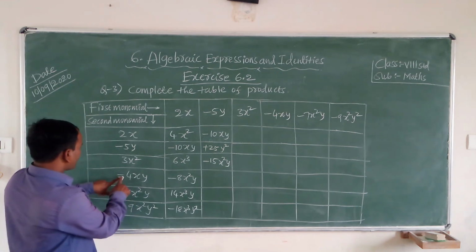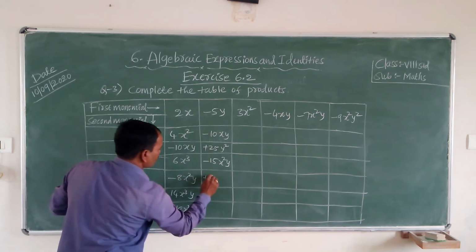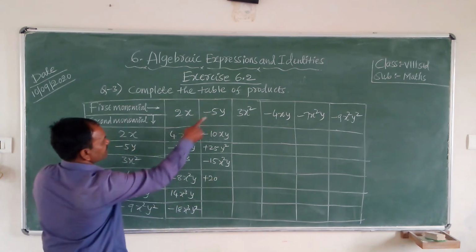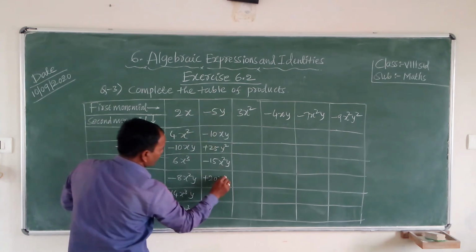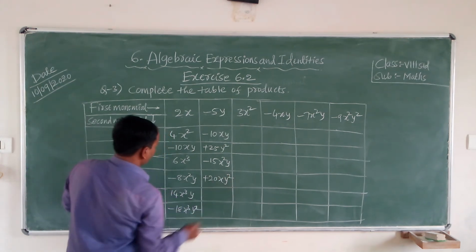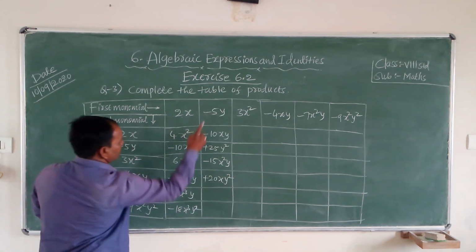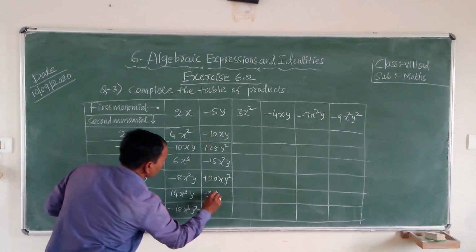Yes. Minus into minus, plus 4 5s are 20. So x is there, here x we have to write. Y into y, y square. Am I right? So y square. Now plus into minus, minus 7 5s are 35.